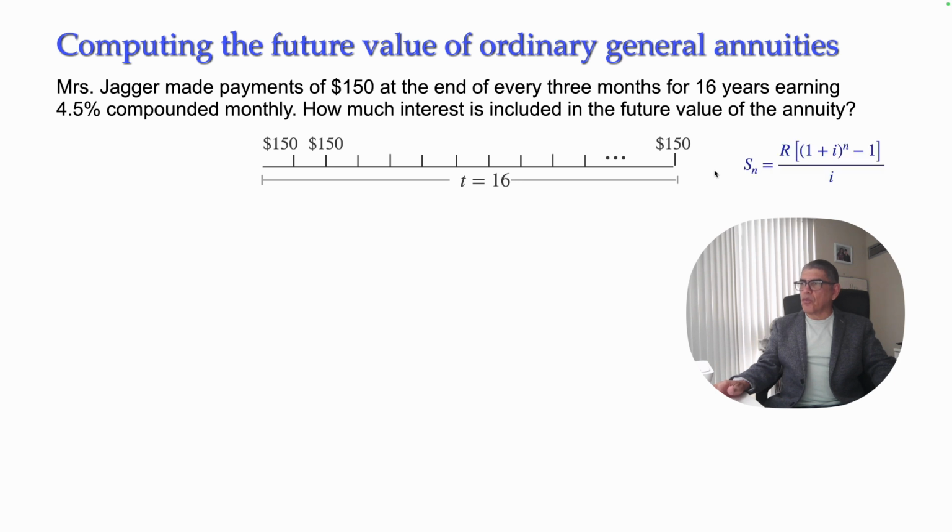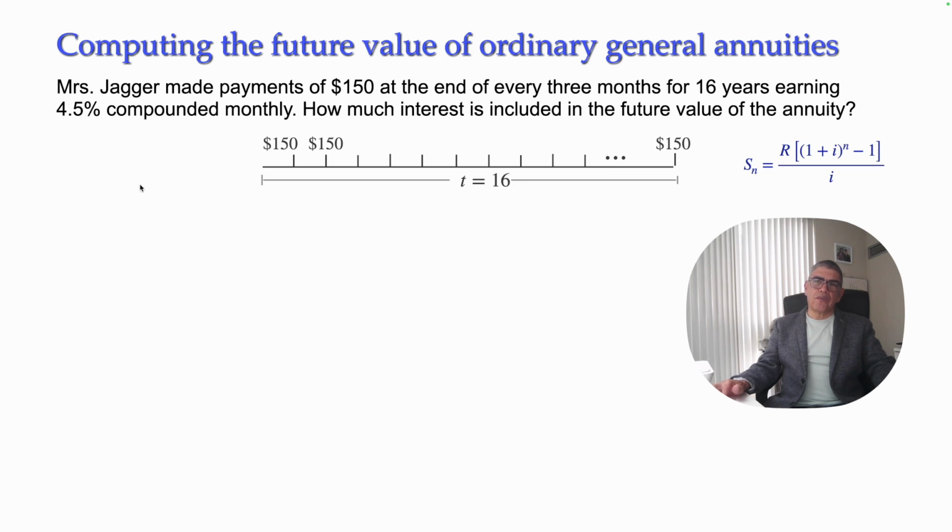We know the formula of future value, that is, the future value is the payment, open bracket, 1 plus i to the power n minus 1, divided by i. What to do? Check the things that are given in the problem. For example, they tell me that Mrs. Jagger has made payments of $150.